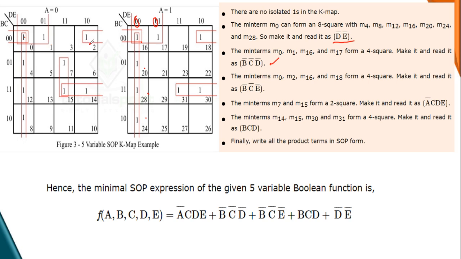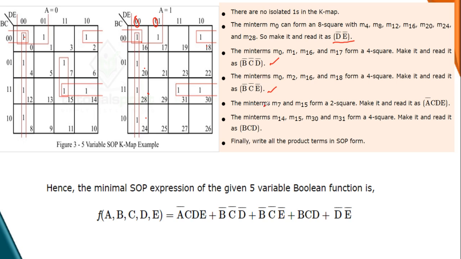M0 is adjacent with M2, M16 as well as M18. Since they are in the top layer, they are adjacent, so it can form a 4-square adjacency. The common variables are B and C, so B bar, C bar. Column wise, it is E with 0, hence E bar. So B bar, C bar, E bar.